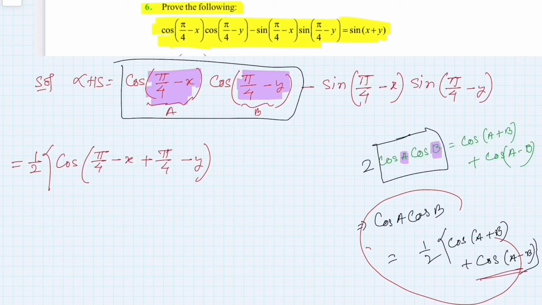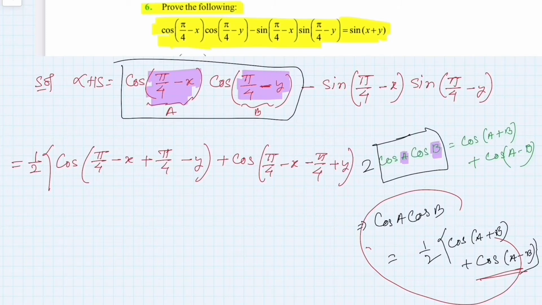Cos(A minus B) will be pi by 4 minus x minus pi by 4, and again minus, this is also minus, so it will be plus y.